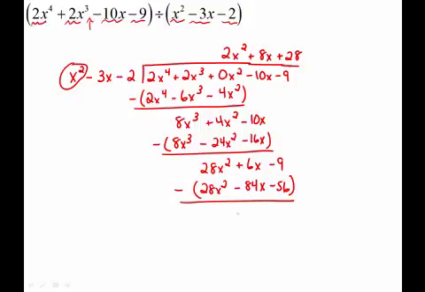Those go away, so we're left with 90x, and negative 9 minus negative or plus 56 would be plus 47. Now, since there's nothing left to go to at this point, this becomes the remainder. So then the way I would write the answer would be plus over.